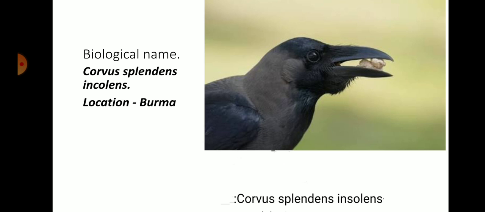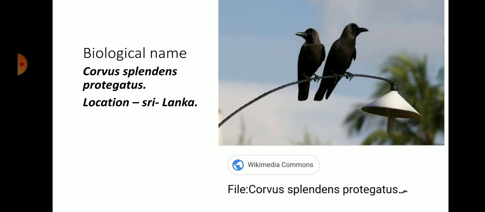Basically, this is found in Burma, the house crow of the Myanmar and Burma region. Another example is Corvus splendens protegatus, the Sri Lankan house crow. So these are the subspecies of Corvus splendens.